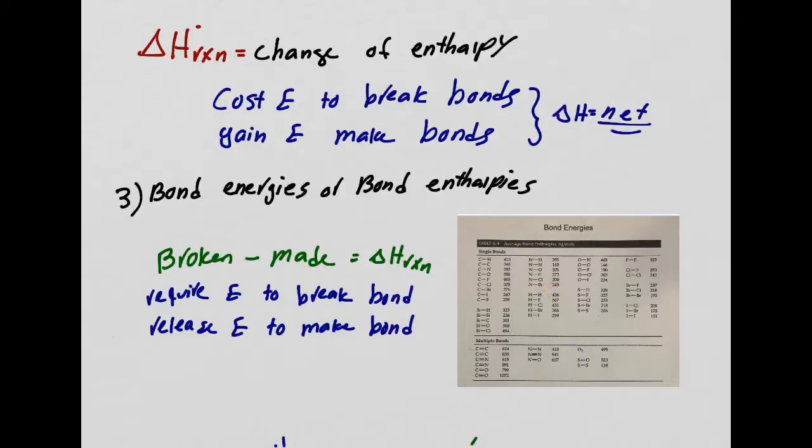Because remember, when we make it is good. You release energy to the surrounding. But when you break it, it costs you energy. You require energy to break the bond, but you release energy to make the bond. And this is why it's broken minus made, because when you release energy, it's going to be a negative value.